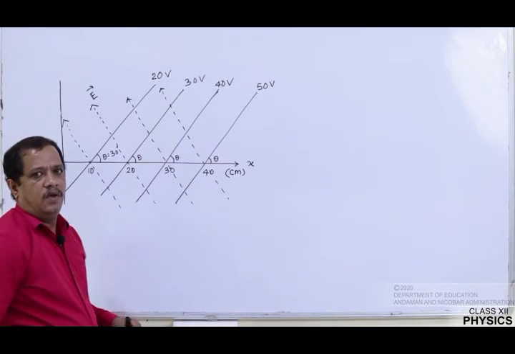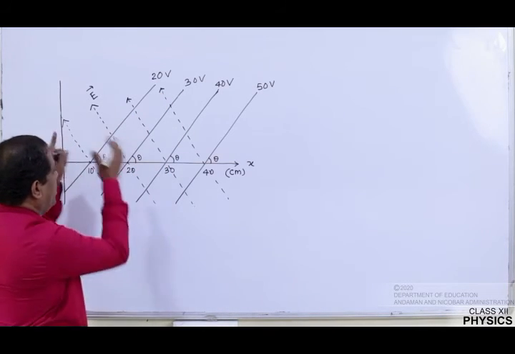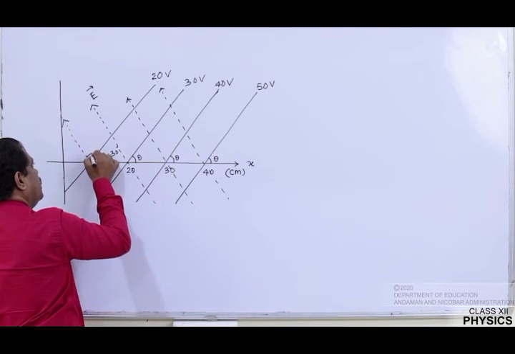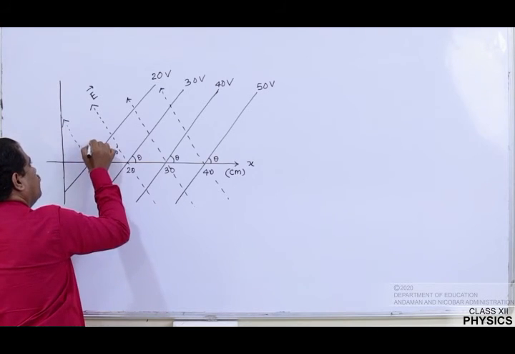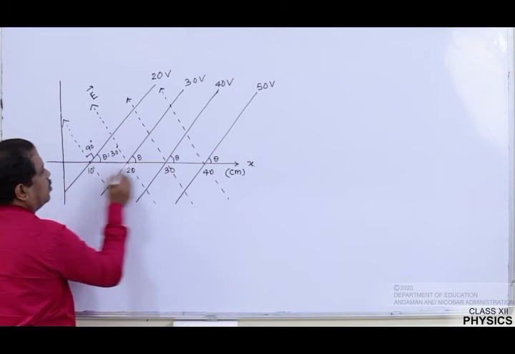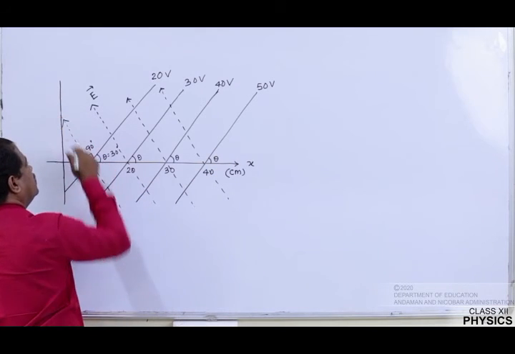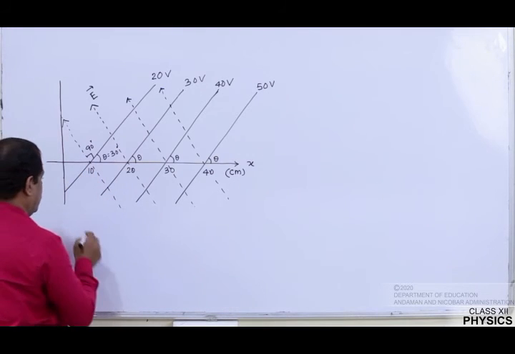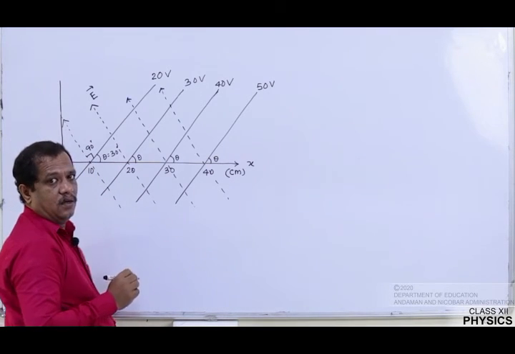When I say the direction of decreasing potential is this way, then this is theta, and this electric field is at 90 degrees. So the electric field is inclined with respect to the x-axis at an angle of 120 degrees, since 90 plus 30 is 120. So half of the question is solved.